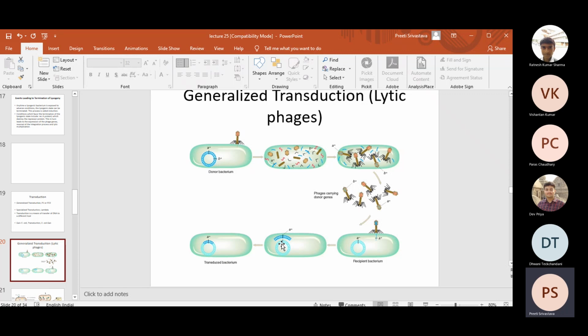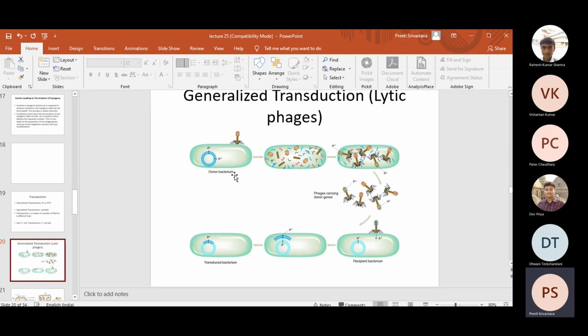It is one of the easiest and fastest methods for transferring traits. For example, you have a kanamycin sensitive bacteria, you can make it kanamycin resistant. For example, you want to transfer an operon, and you can transfer up to 100 kb without any trouble. So you can transfer the entire operon, an entire cluster of genes, into a new host.